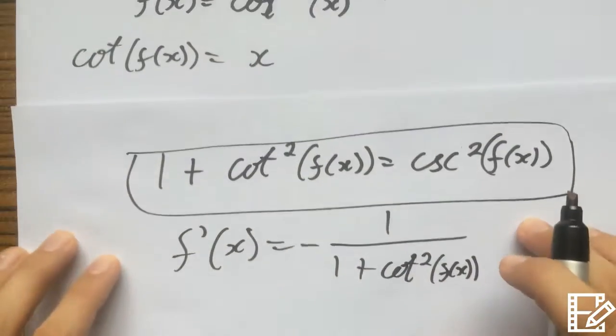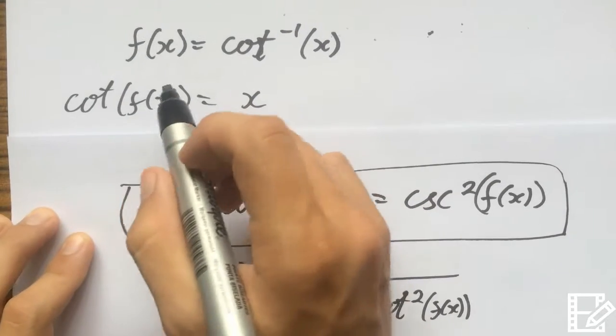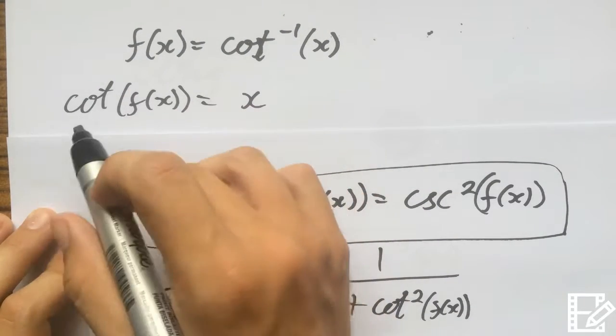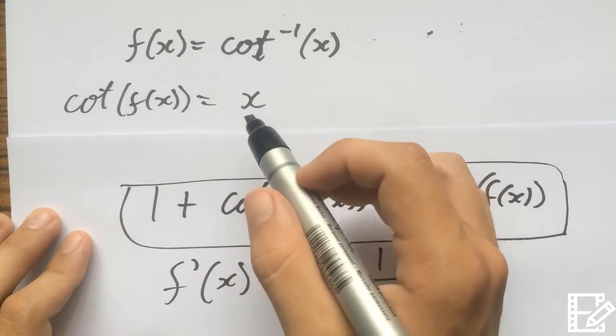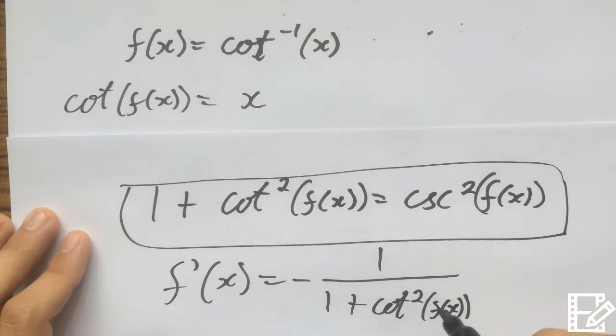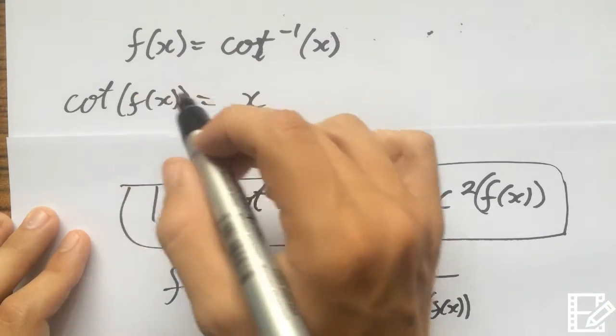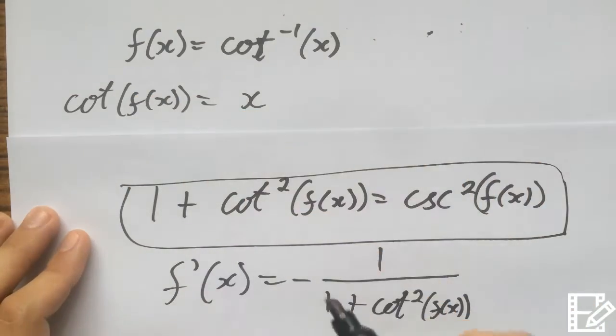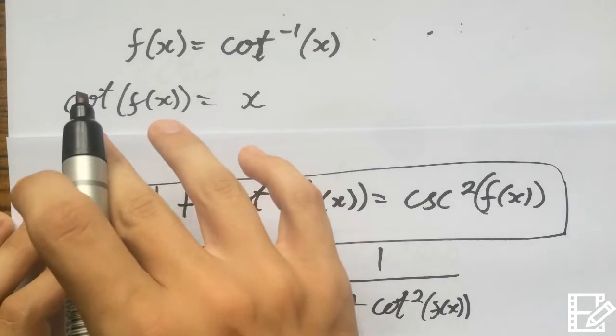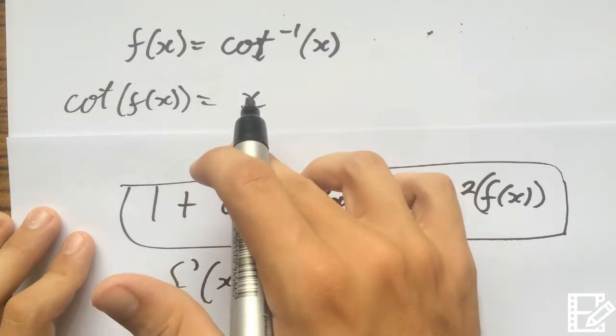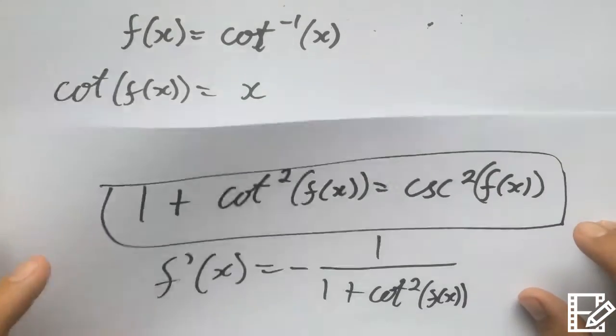Now, we see up here that cot f(x) equals x. Therefore, if we square this side, we have to square this side. So, cot squared f(x) equals x squared. Okay?